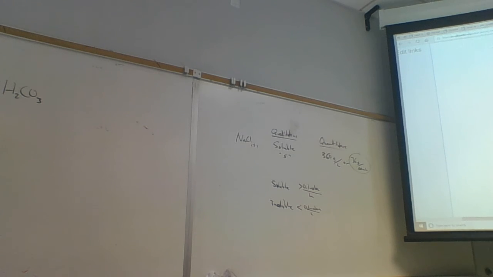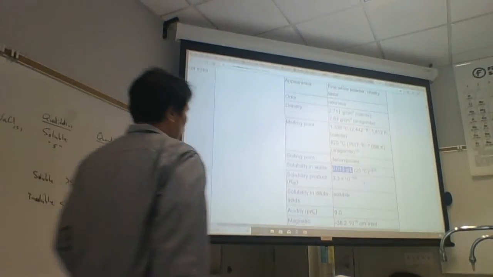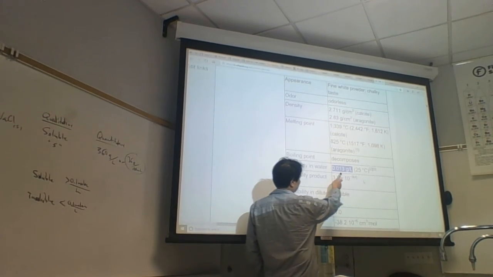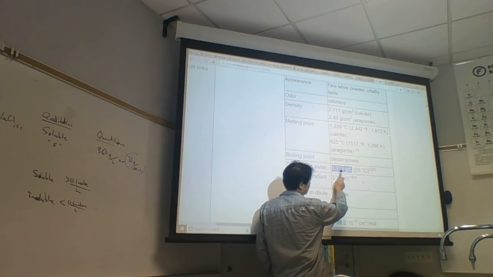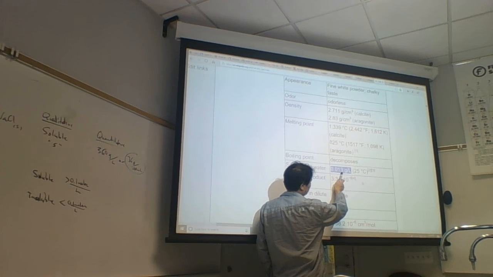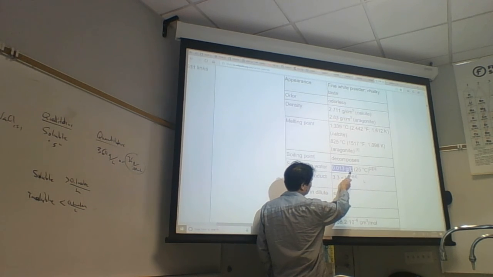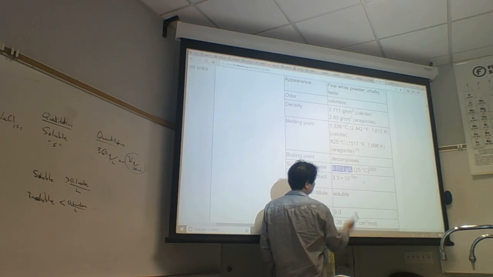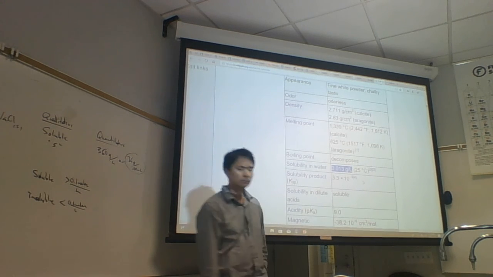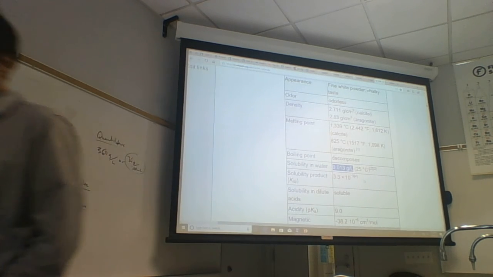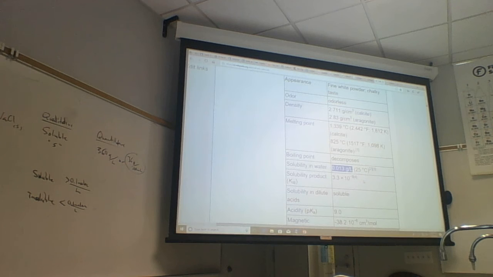Soluble in water? No. 0.013 grams per liter. 0.013 grams per liter is 13 milligrams. So we could dissolve 13 milligrams of calcium carbonate per liter. Not much, therefore we call it insoluble.